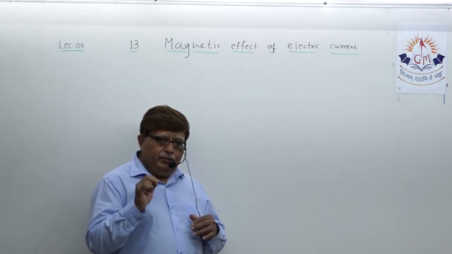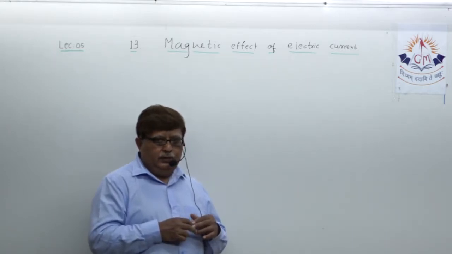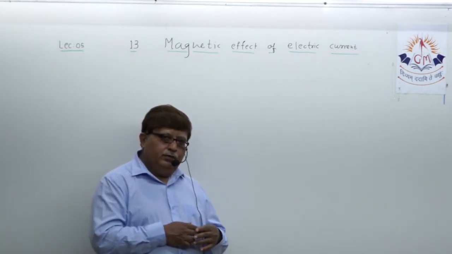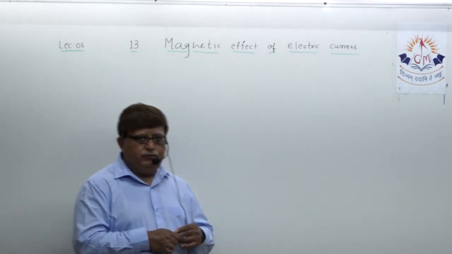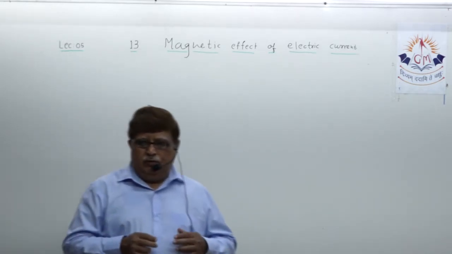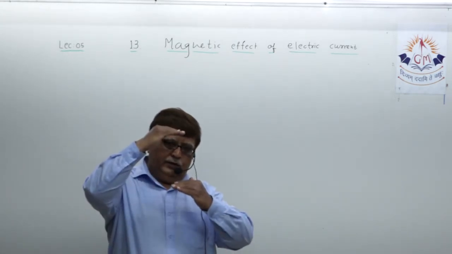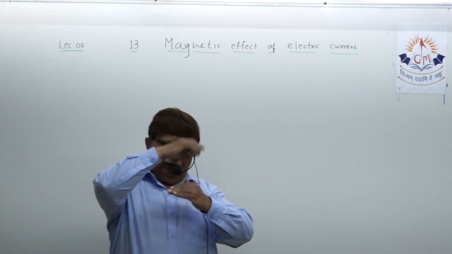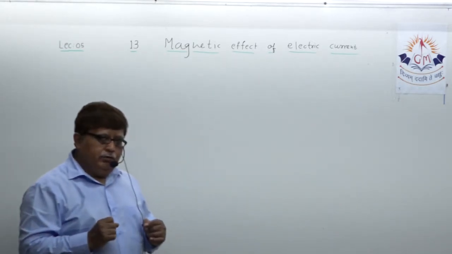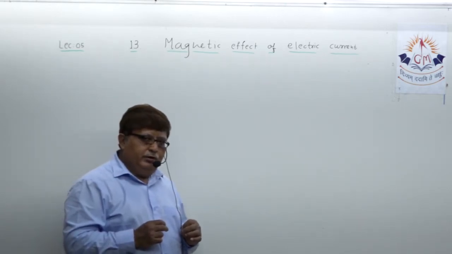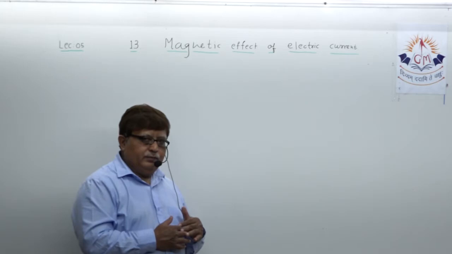We were keeping a straight conductor through which we were passing electric current. But here, my dear student, we are not going to keep that inside a powerful horseshoe magnet. We are going to place there an armature.